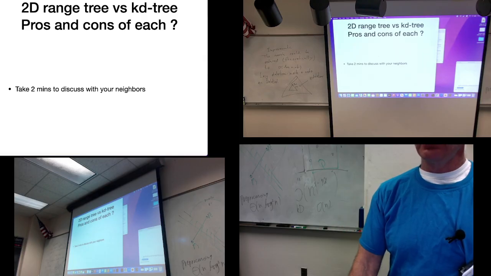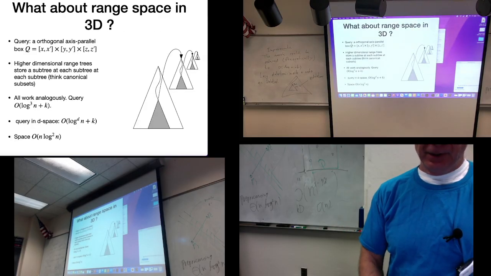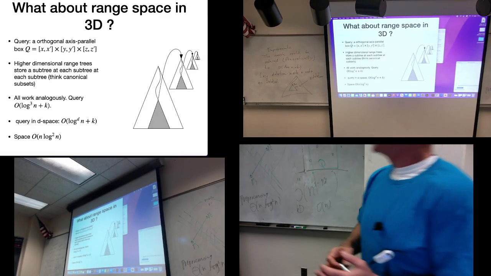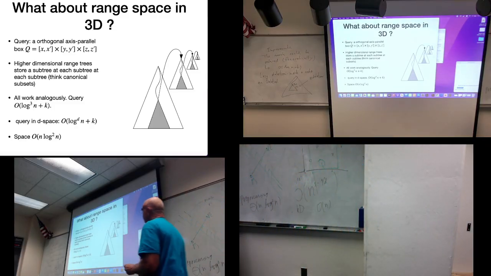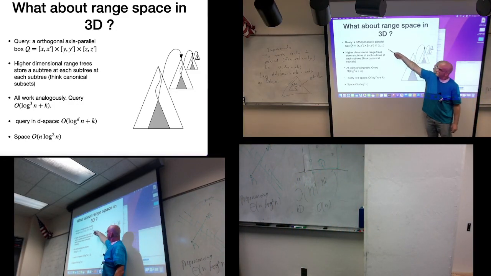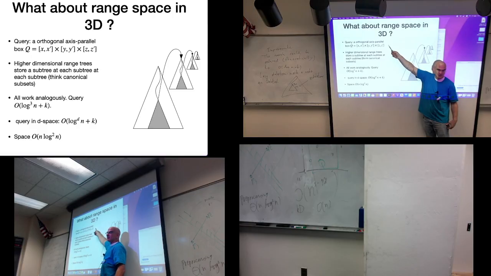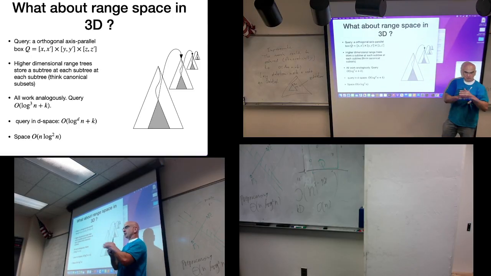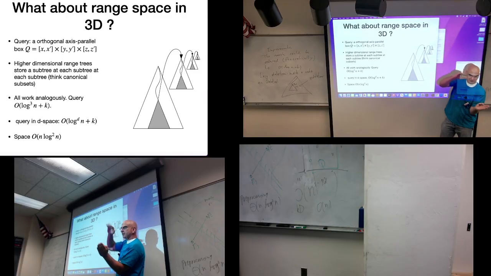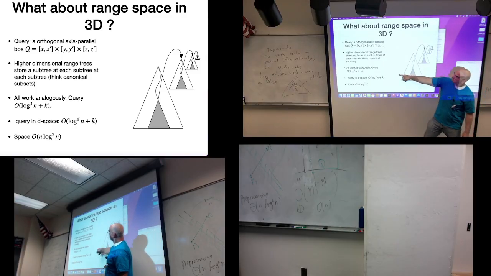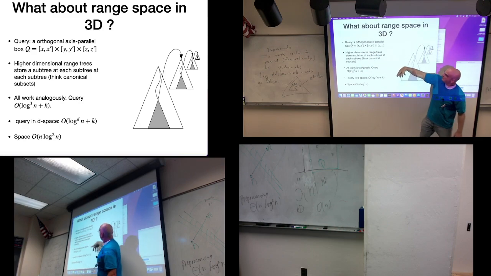So one cute thing about 2D range trees is orthogonal queries in d dimensions, say 3 dimensions. Again, only orthogonal. Not circles, no guarantees, not tilted boxes, orthogonal.